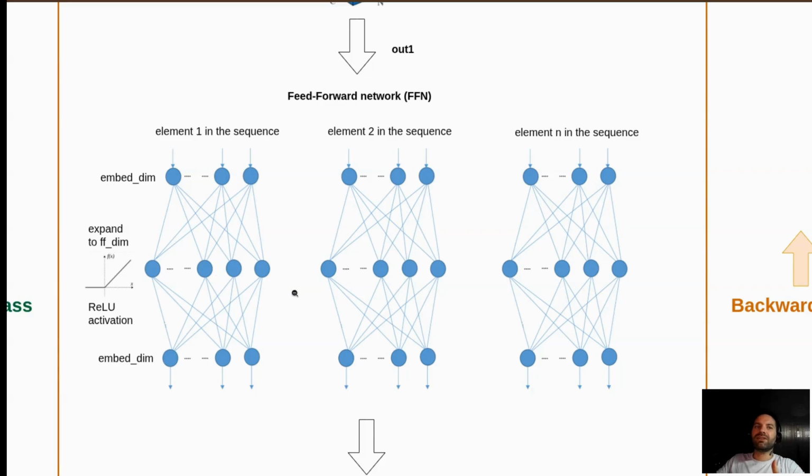So the FFN consists of two dense, fully connected layers. Step one is to expand the dimension. From the embed dim, we go to FF dim. We are using a ReLU activation. We apply ReLU because it introduces non-linearity, letting the model learn complex functions like logical relationships, composition of meanings, and others. So these layers allow the model to interact across dimensions within each token, enabling more complex internal transformations.